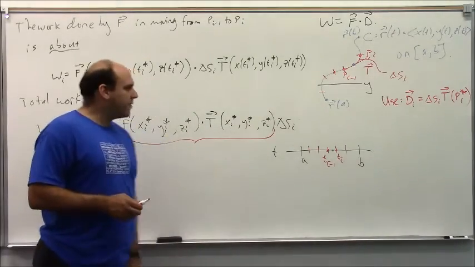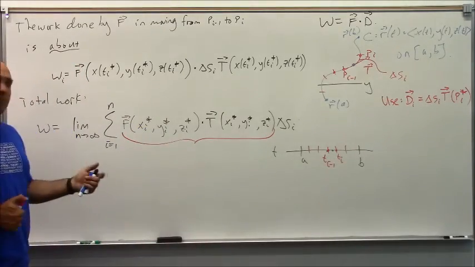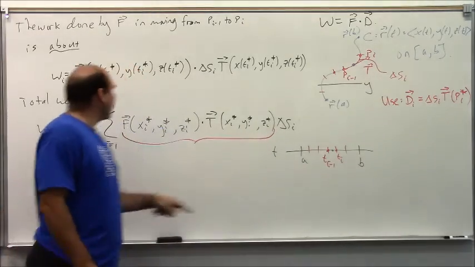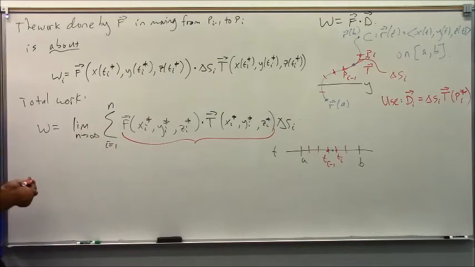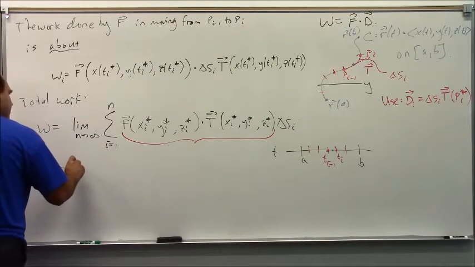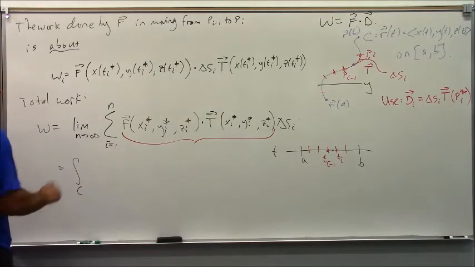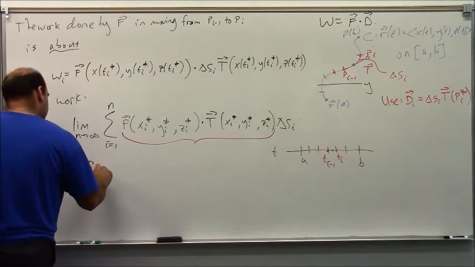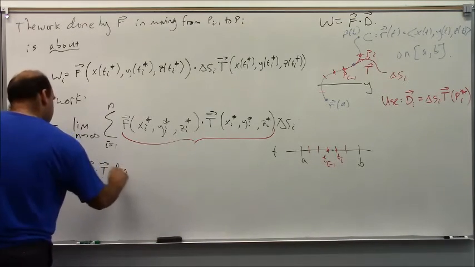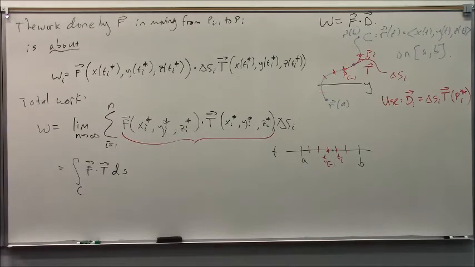So above the curly brace there, I have a scalar function times delta s_i added up, and then I take a limit. That is exactly the path integral over C of F dot T ds. And so we have related this work to the scalar path integral that we did just a little bit ago.